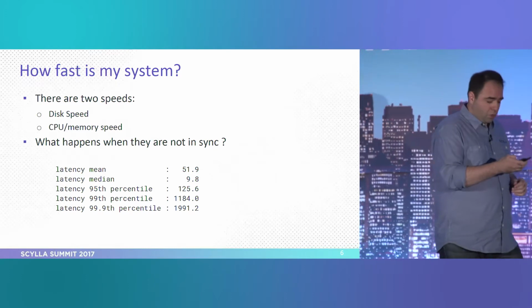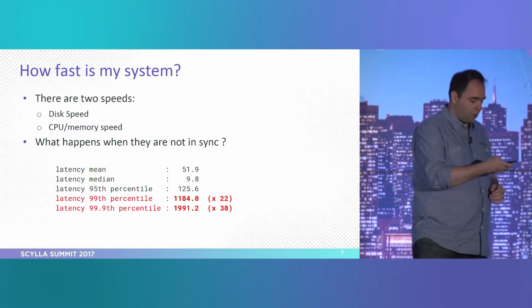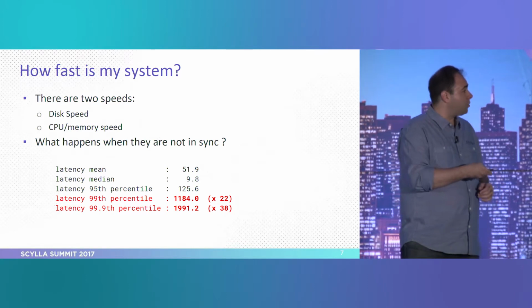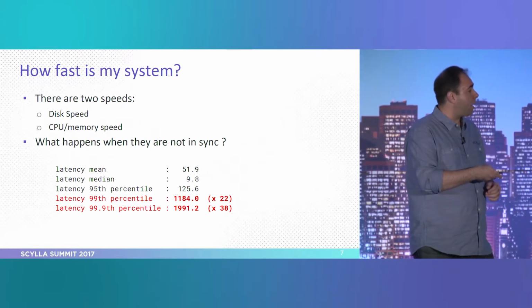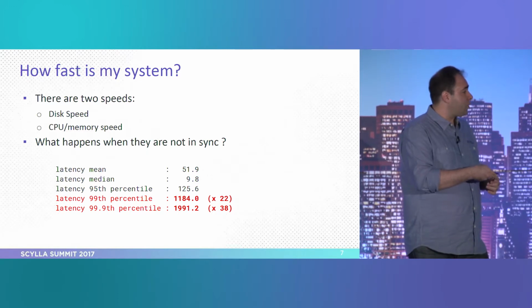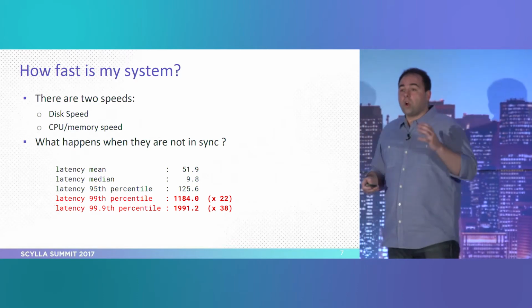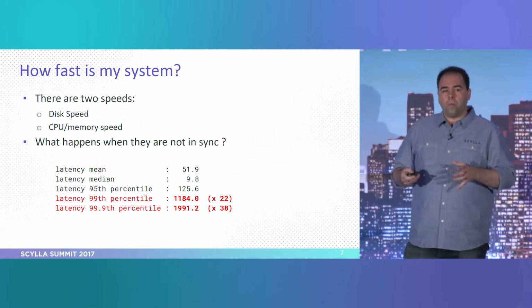And let's look here. If we see the kind of latencies that we're talking about, you can see this problem. So the mean is not bad. I mean, the median is fairly low, but the 99 percentile and the 99.9, they're over a second. We call this problem the wall.